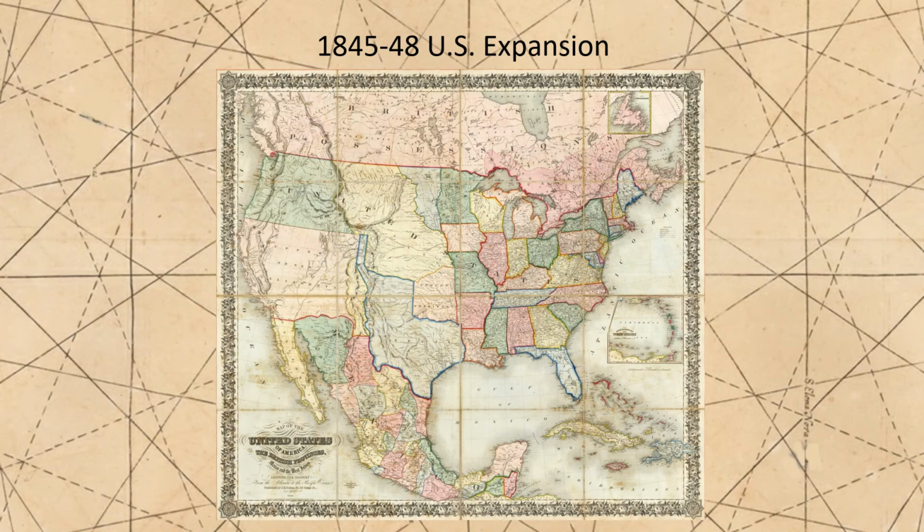So, to summarize, between 1845 and 1848, the United States was officially established as a transcontinental nation by adding the final third of its continental territory.